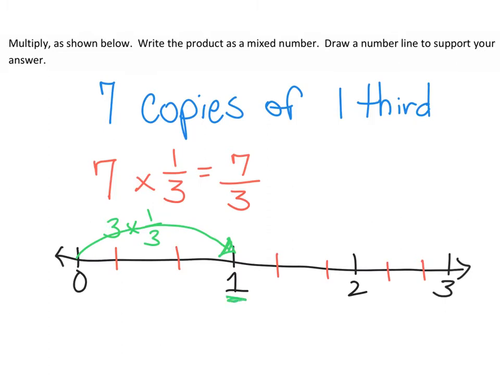And then we moved up again here, which should show us another 3 times a third, because 3 times 1/3 is 3/3, and that's a whole. And then we just moved up, not another complete whole, we just moved up 1/3. So that's showing 2 and 1/3.